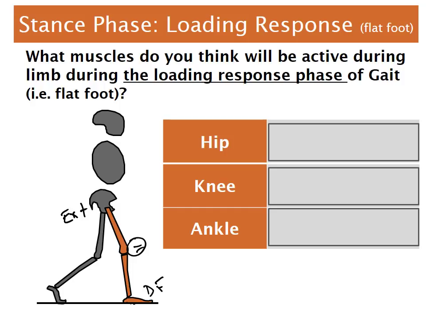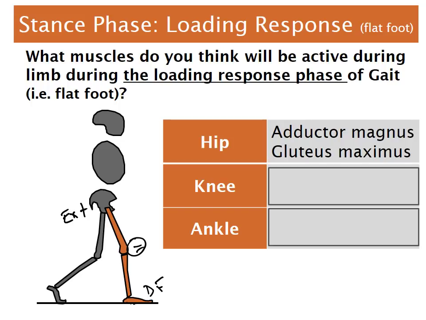we're dorsiflexing. So let's see what muscles are acting upon these joints. So up at the hip, we are into an extension action. So what extends? Yes, that would be the gluteus maximus, any of those posterior muscles that has a moment or the ability to extend the femur. So it might also be the hamstrings, but specifically the gluteus maximus.